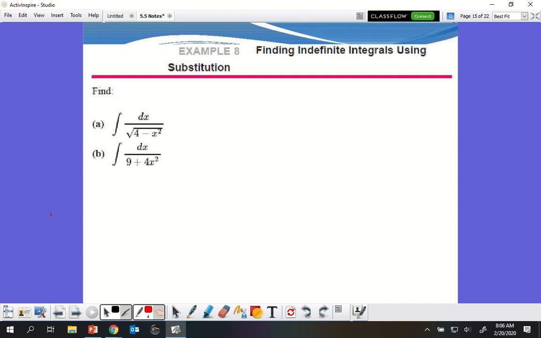By doing that, I need to have a 1 here, don't I? So, can I divide out a 4? Yeah, that's what I'm going to do. So let's take a look. I'm going to change this up. So I have the integral of 1 over 4 quantity.